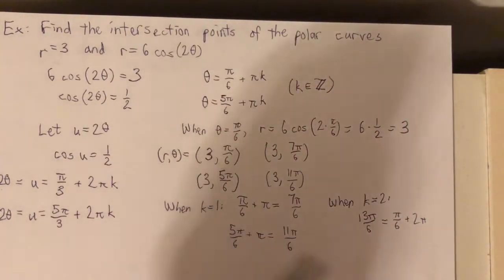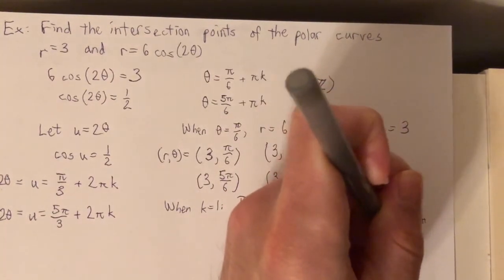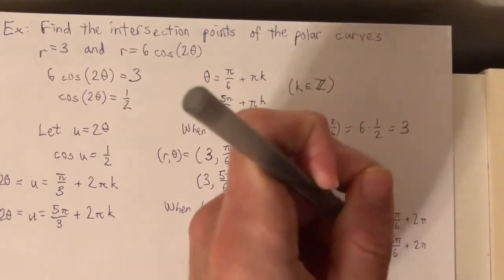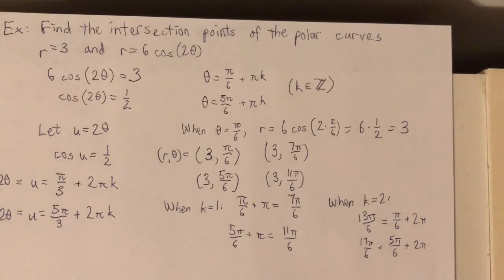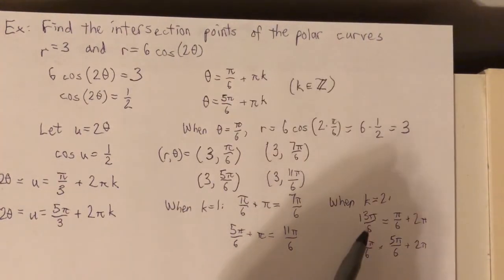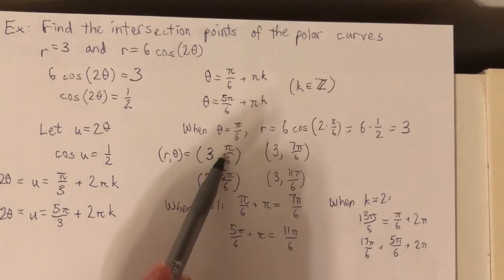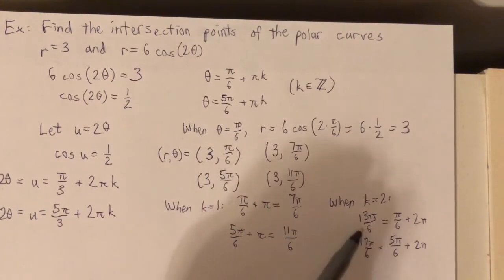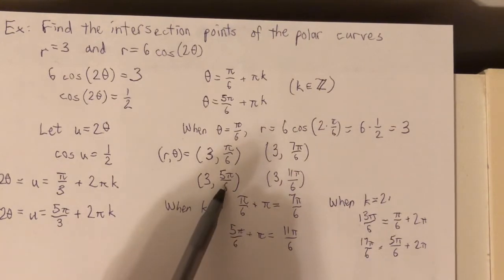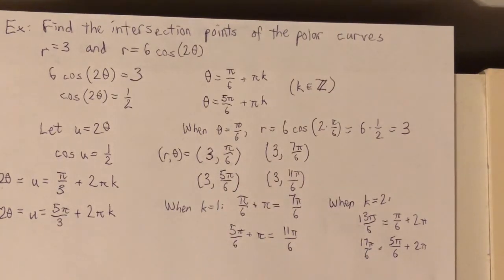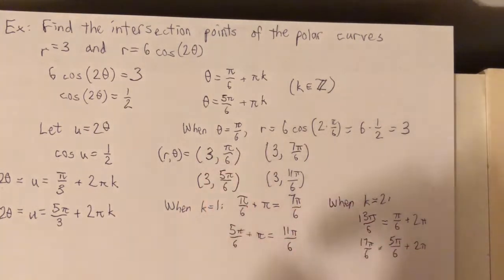And likewise, 5 pi over 6 plus 2 pi is going to be 17 pi over 6. These are actually going to give you repeats, right? Because 13 pi over 6 minus 2 pi is pi over 6, so you have coterminal angles here. Likewise, 17 pi over 6 is coterminal with 5 pi over 6. So you're going to get the same points again.